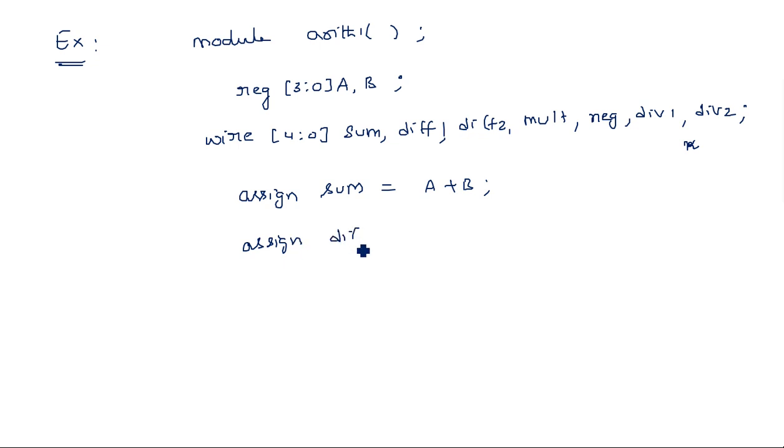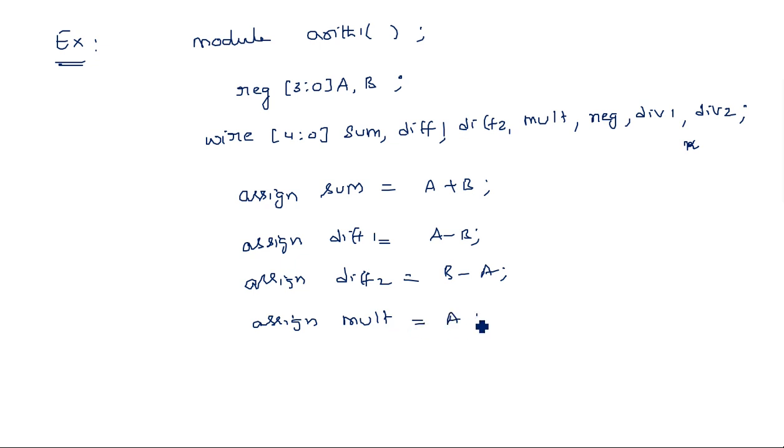So assign difference 1 is equal to a minus b, assign difference 2 is equal to b minus a. Just for example, what happens if a is greater than b and b is greater than a. And assign mult is equal to a star b. This is the way to write a program.